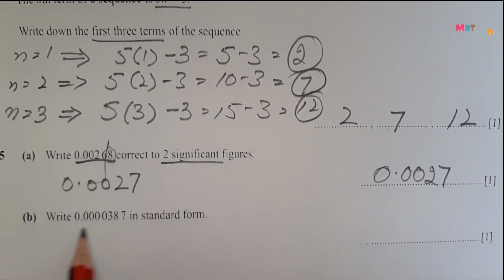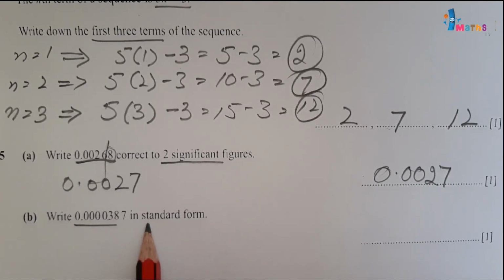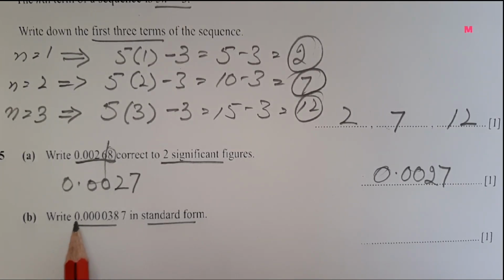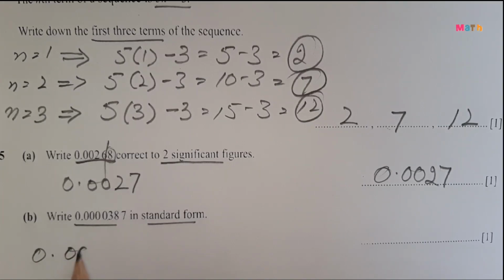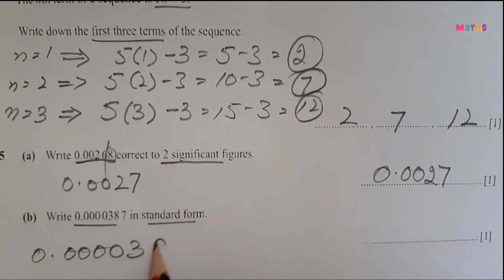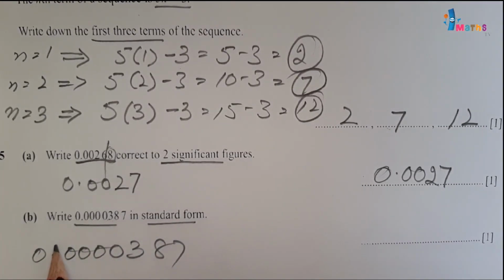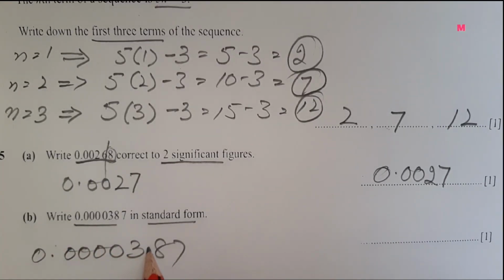B part, write 0.0000387 in standard form. In standard form, we have to shift the decimal to the first non-zero number, this position.